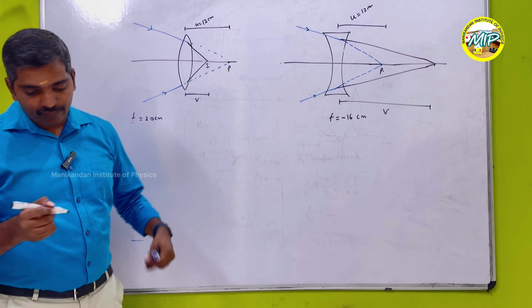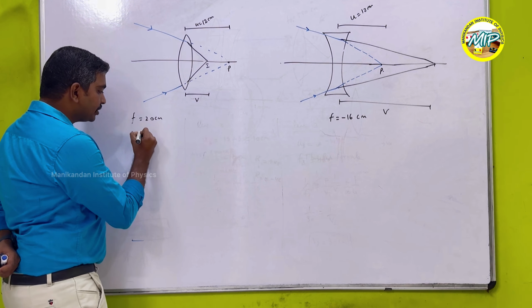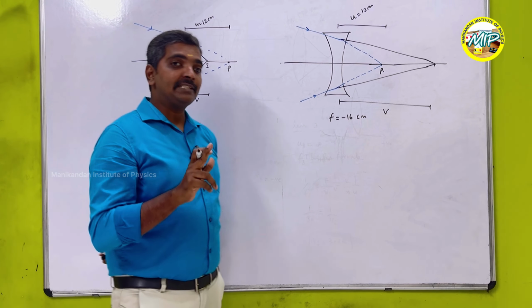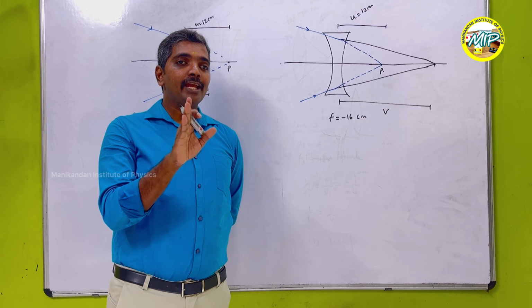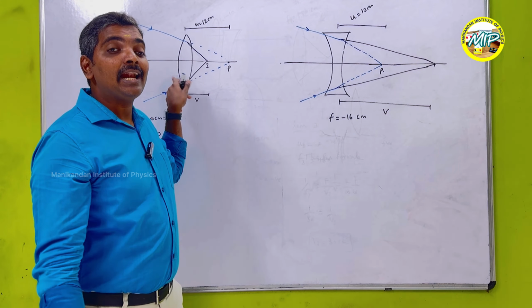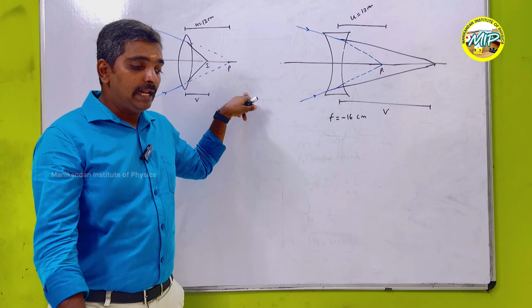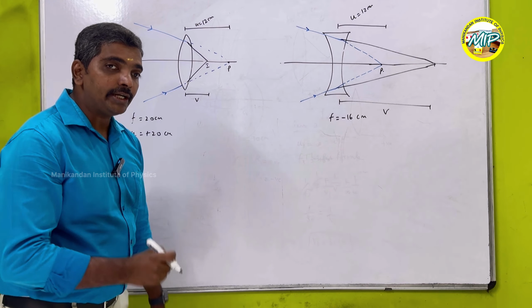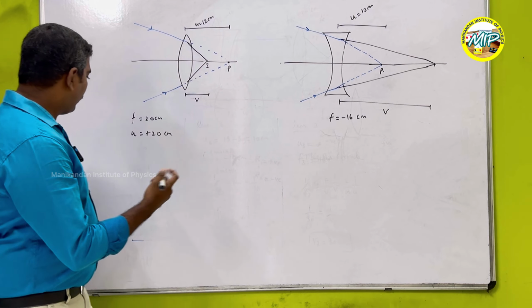First I am going to start with U equals plus 20 centimeter. Why are we taking U as plus 20? In general we take U as negative, but in this case the image is on the right hand side of the lens. If it is on the right hand side of the lens, we use only plus centimeters.